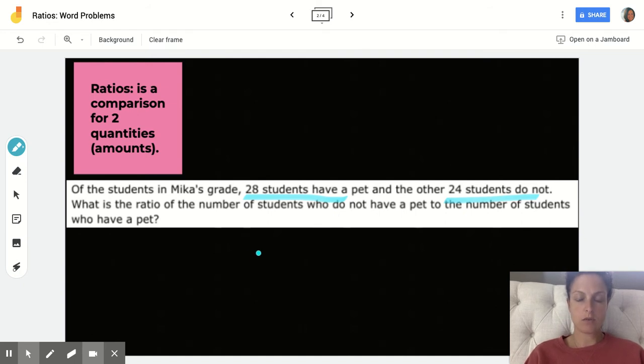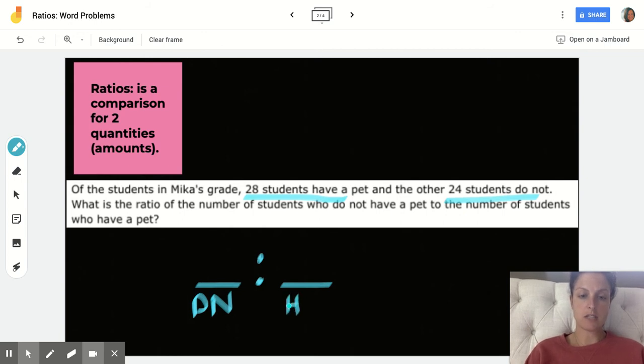Once again, I would make my 2 ratio dots. We're going to be comparing 2 numbers, but we have to get the right order. So what is the ratio of the number of students who do not have a pet to those that have a pet? I'm just going to write have pet, which is HP, just to keep the question straight.